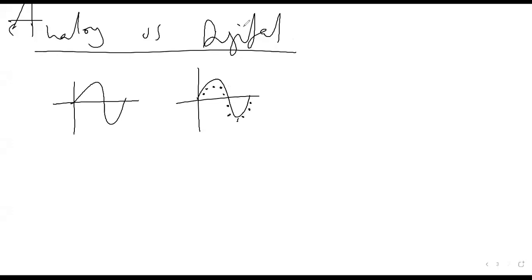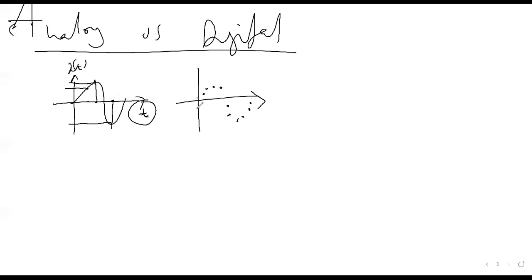Representation of analog and digital signals. This is the same signal. But the analog signal is continuous in time. What do we mean by continuous in time? It means for any given point in time, there is a corresponding value, a corresponding amplitude. We have a discrete time signal here.